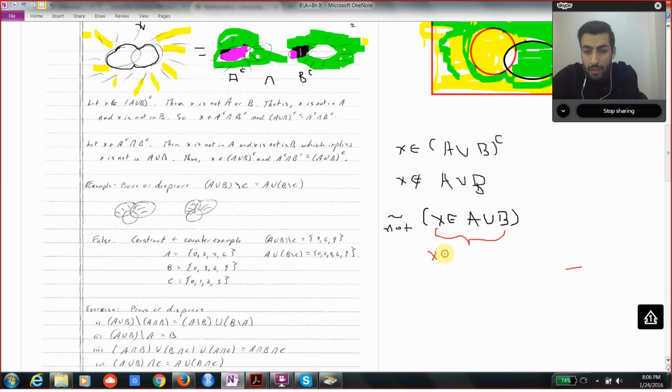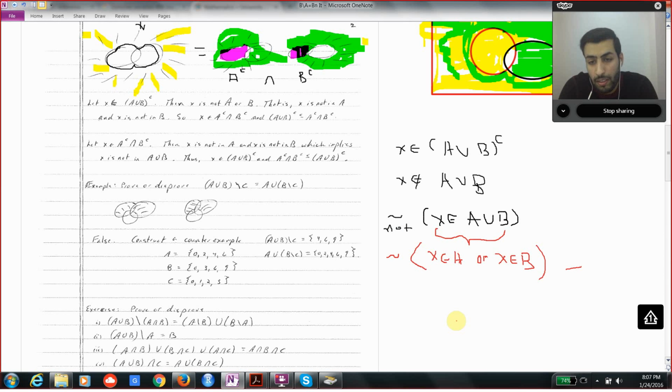So if X is an element of A, or X is an element of B. But I still have my not outside, right? So notice I've just worked on the inside.